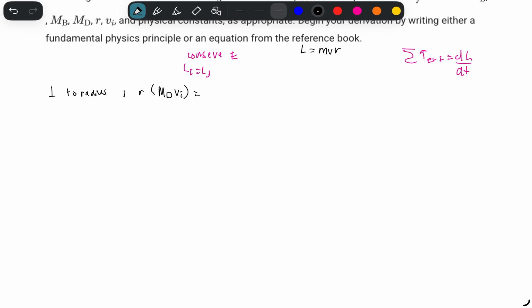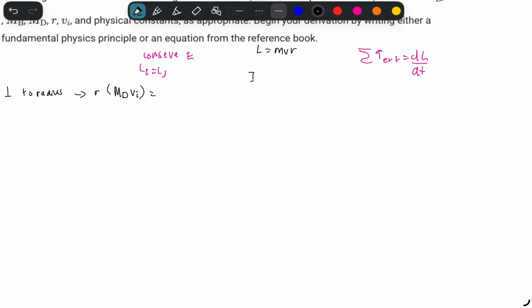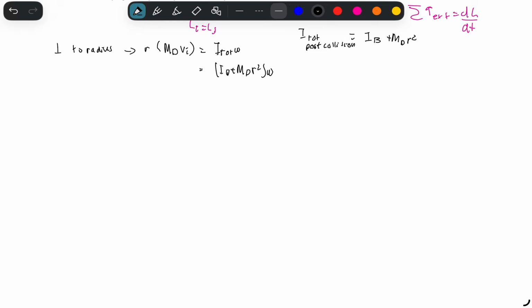What about our final? To find this, we have to find our total inertia post-collision. This is going to be the inertia of the bar plus md r squared. We know that this will be equal to I total times omega, so we'll just sub this in and set this equal to our final.